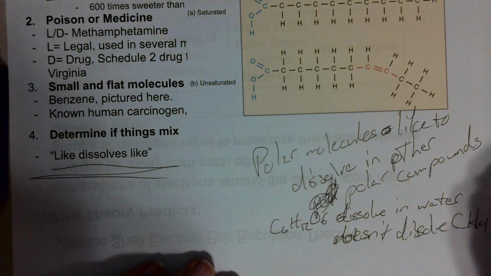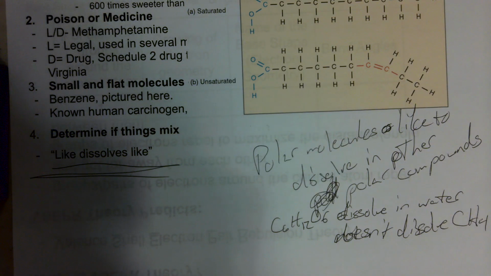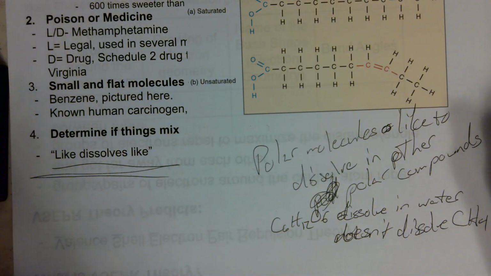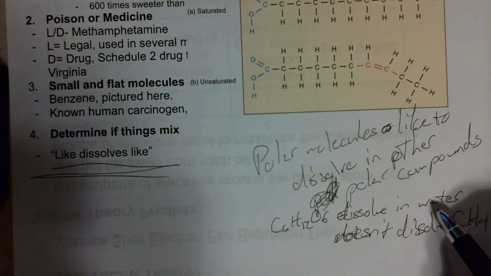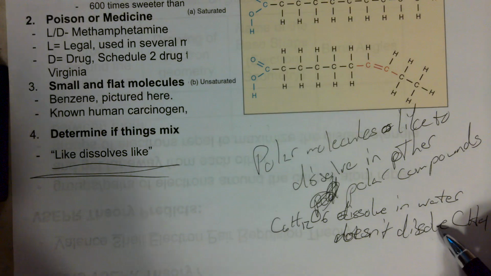Why is that happening? Because methane, as we're going to talk about in a couple more slides down the road, is a nonpolar substance. Water, we're going to see, is a polar substance, and I have a couple rules for you to help you walk through that.